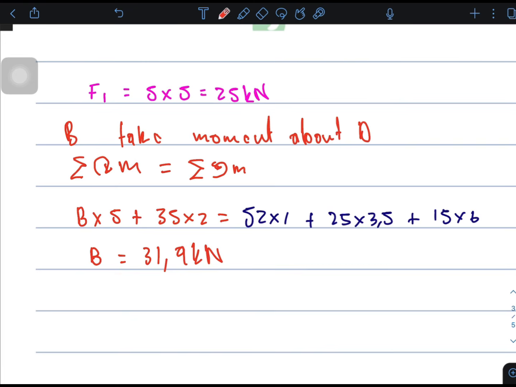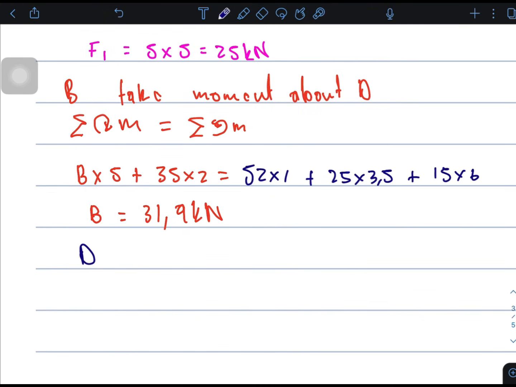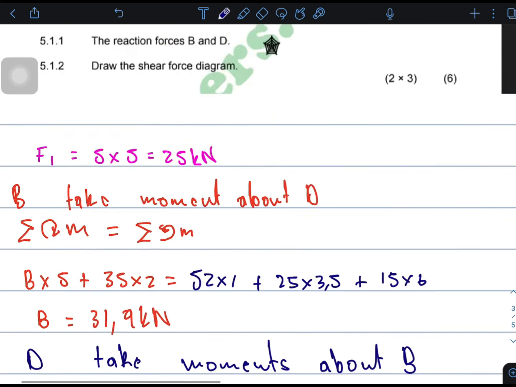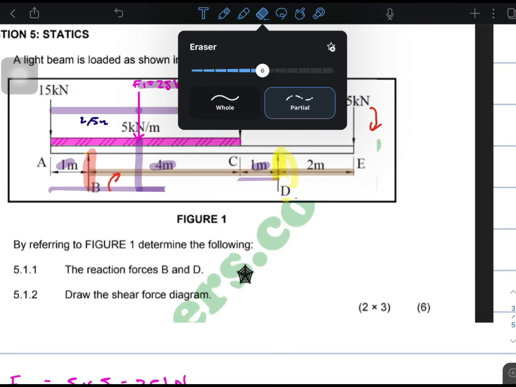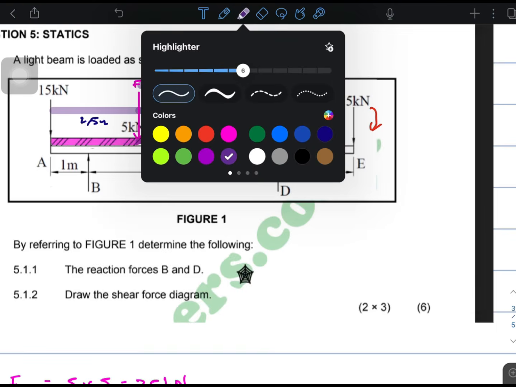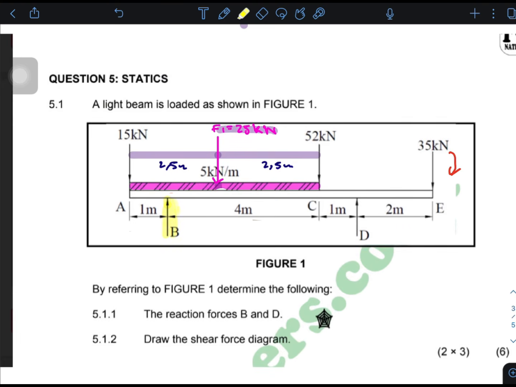Then I want to find the value of the reaction D. That means I'm gonna take moments about B, so that I can get D. Okay, now basically, if I'm gonna take moments about B, then that means I'm treating B as my new turning point.